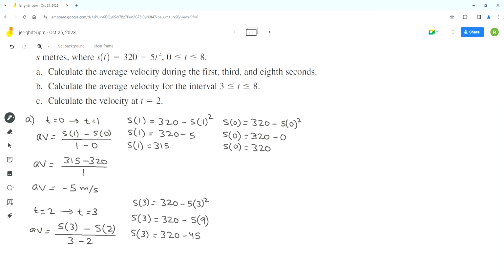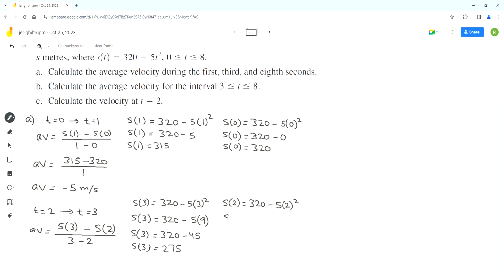Now we can do the subtraction. So s at 3 is equal to 275. Now we have to calculate s at 2. We'll sub in t as 2 in the given position function. So it'll be 320 minus 5 times 2 squared.